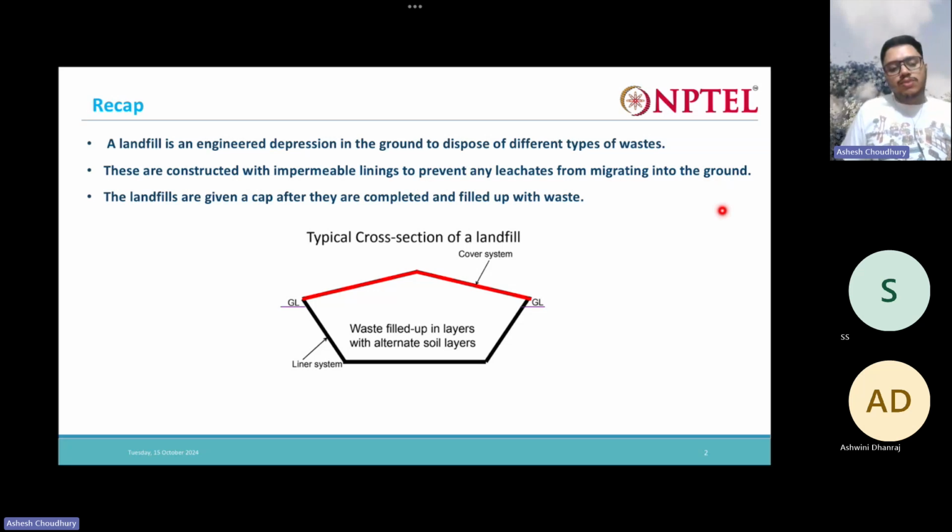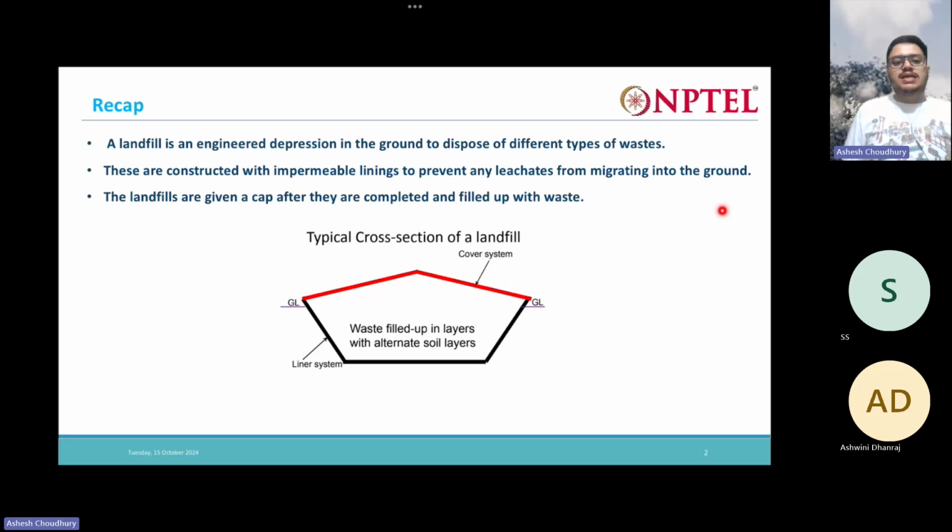You have to make it an engineered landfill so that whatever you want to contain is contained within that part only. The harmful substances that come out from the waste should not contaminate the surrounding ground or the groundwater. These are constructed with impermeable linings to prevent any leachates from migrating into the ground.